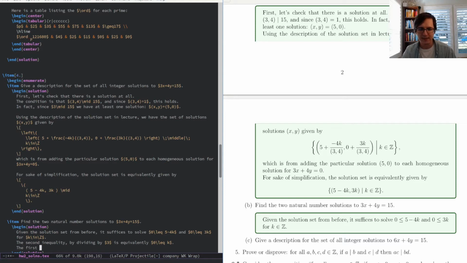The first inequality, by adding 4k, is equivalently 4k is less than or equal to 5.